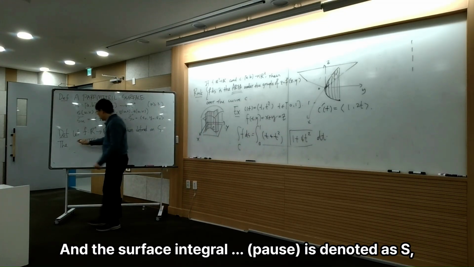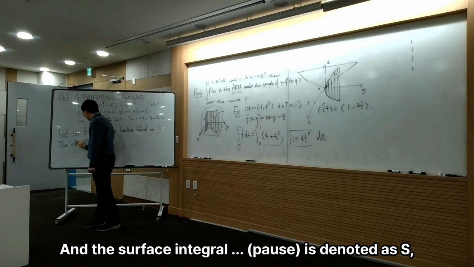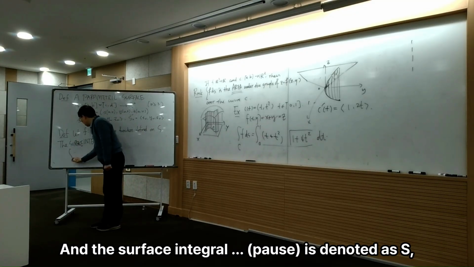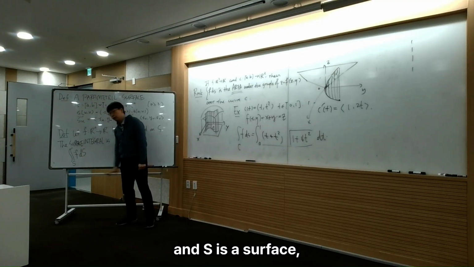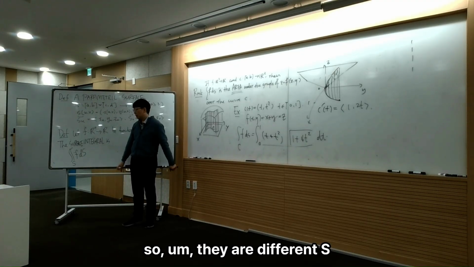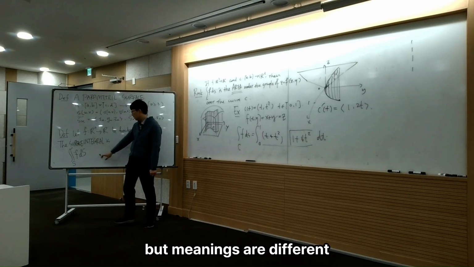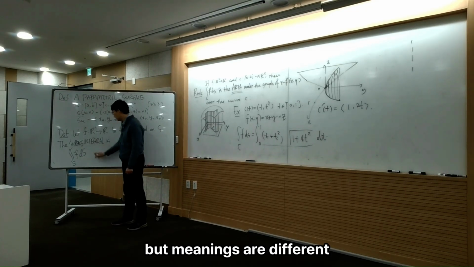The surface integral is denoted as the integral over S of F dS. Here, S is the big S, a surface. There are different S's; not as symbols, but their meanings are different.